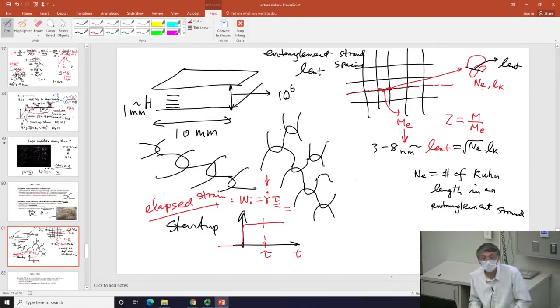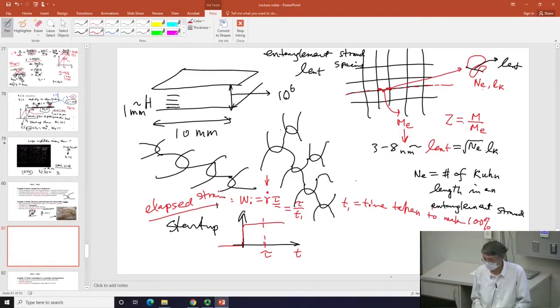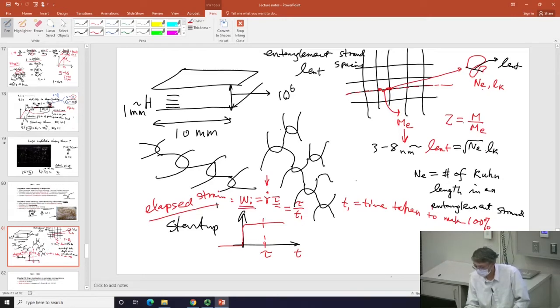Remember, Wi is tau over T1. T1 is the amount of time taken to make 100% deformation. In other words, 1 h to the right. Therefore, after tau amount of time, there will be tau over T1 amount of h to the right.